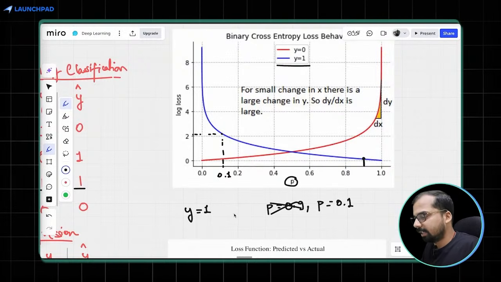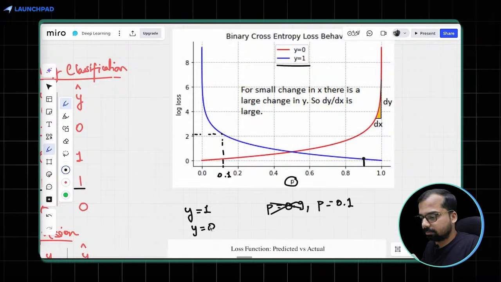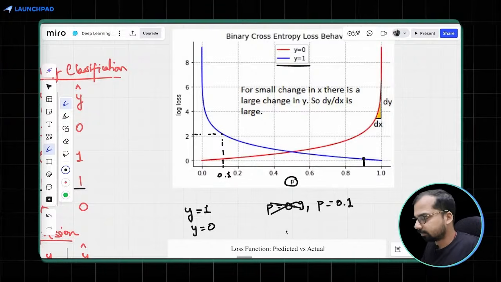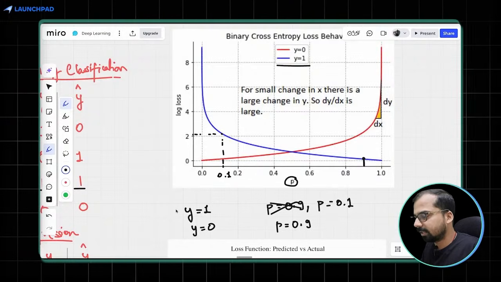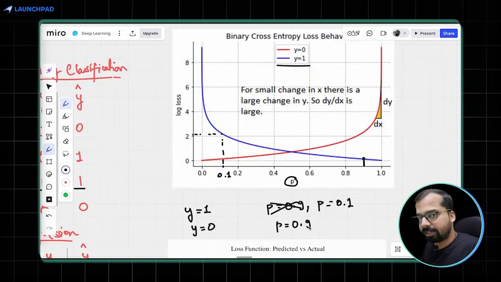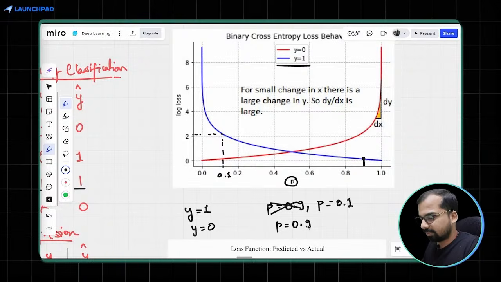On the other hand, if your y is 0, that is class 0, and your probability came out to be 0.9, think of it like this, probability is 0.9, that basically says it is class 1 or closer to class 1.